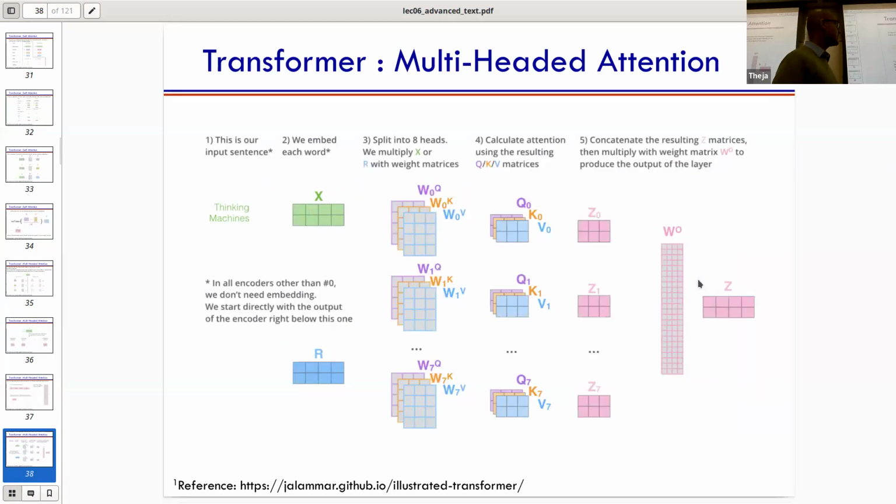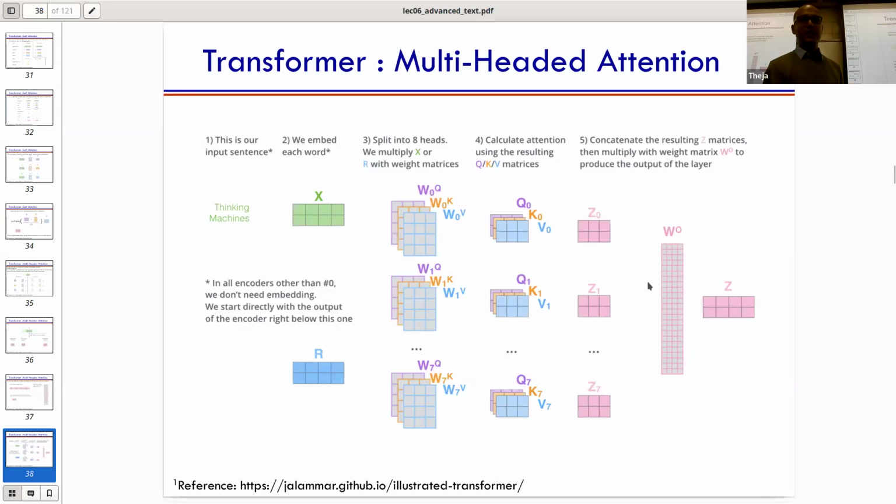This is just summarizing what we just talked about. At the first encoder layer, there are going to be the actual word embeddings, but if it's not the first layer, it's going to be some other input vectors. If there are 8 attention heads, that many queries, keys, and value matrices will be there, and each one produces an appropriate Z matrix.